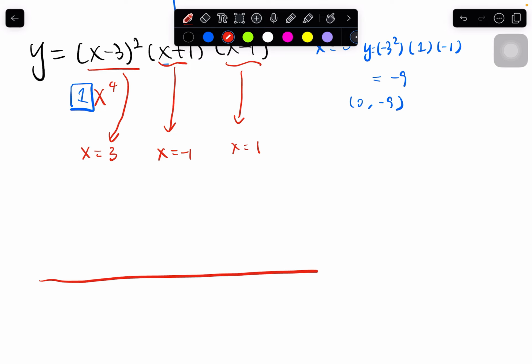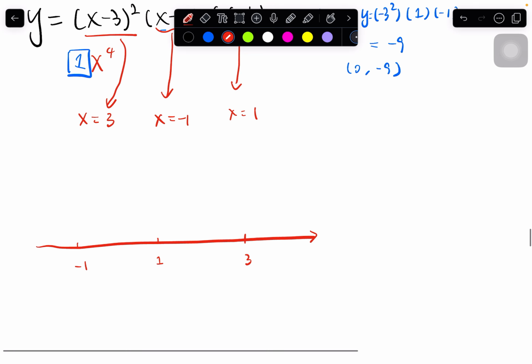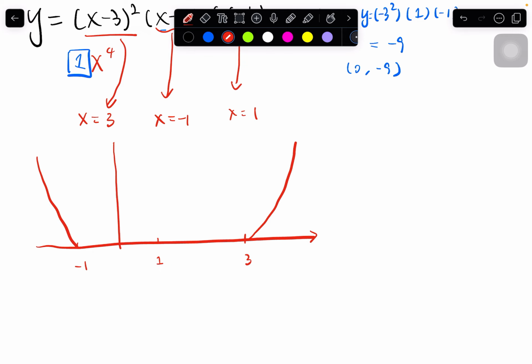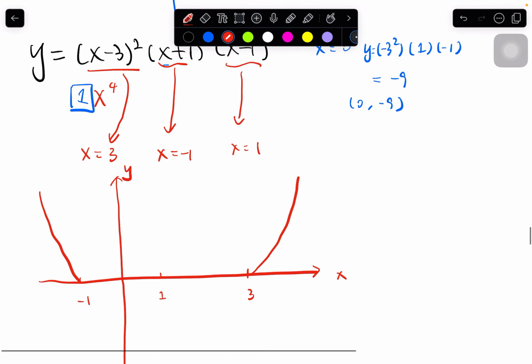And then we sketch these 3 points. It's minus 1, and here 1, and this 3. And now we know the behavior from these two ends. And where is the y-axis? Y-axis is here. Now we roughly have a graph.